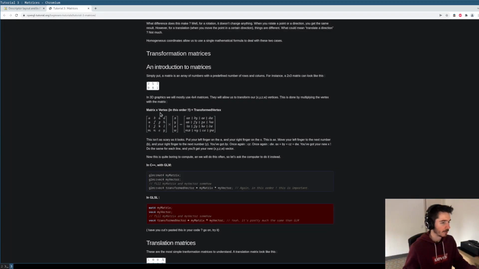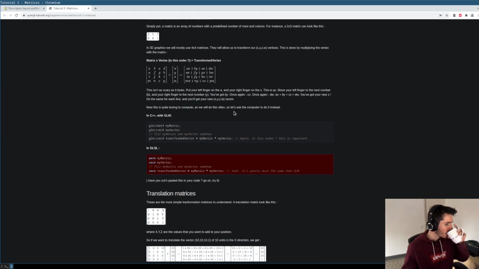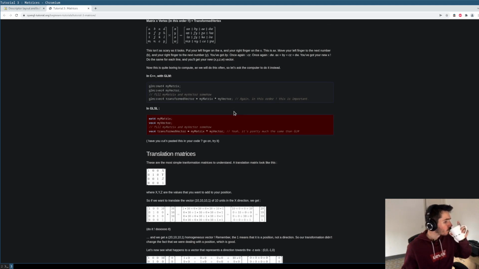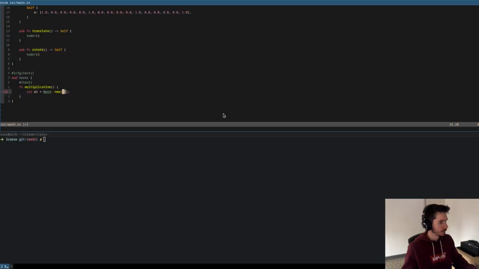First, they talk about matrix vector multiplication. I'm gonna just add increasing numbers. 1, 2, 3, 4 for the first row.